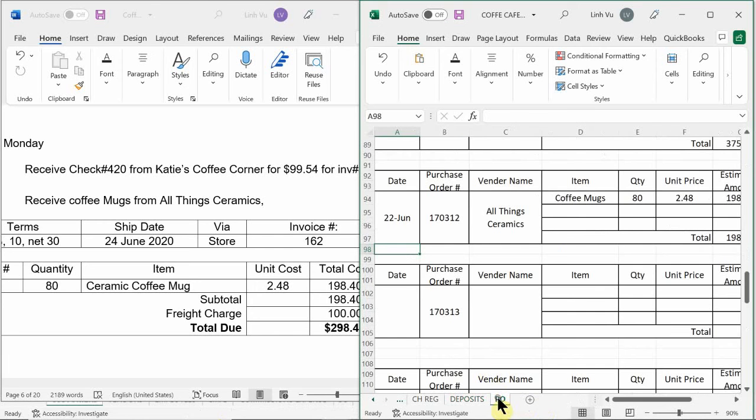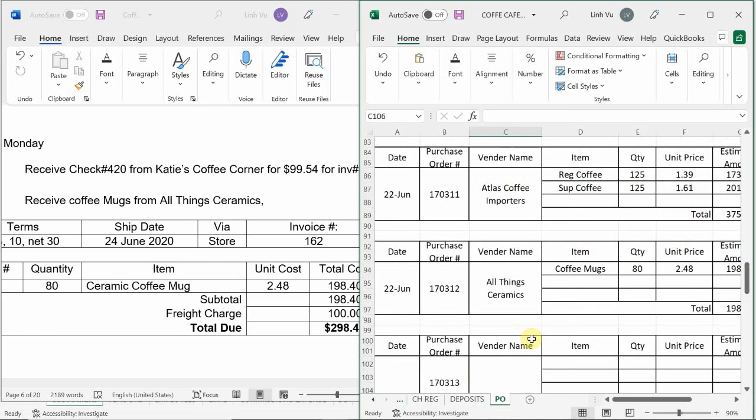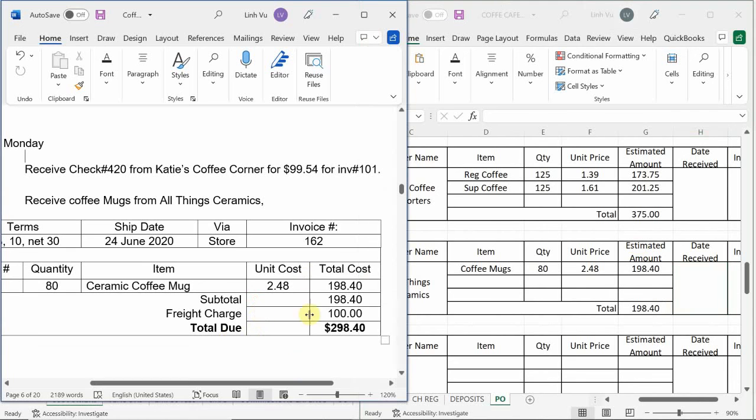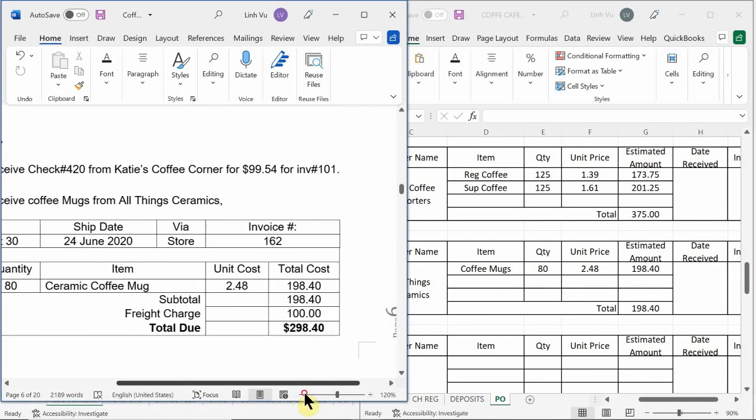Let's do our purchase orders first. We received our order from All Things Ceramics for the coffee mugs for $198.40. Let's see, is that correct? 198.40, yes.